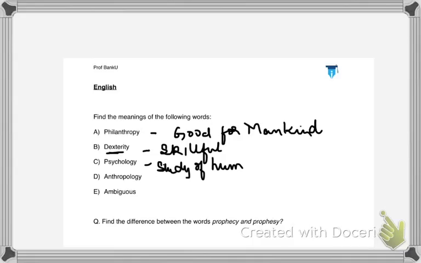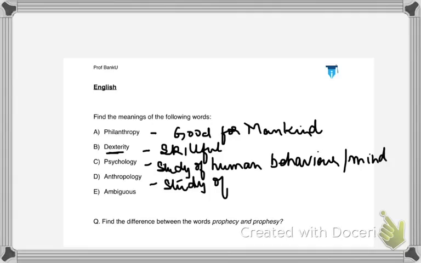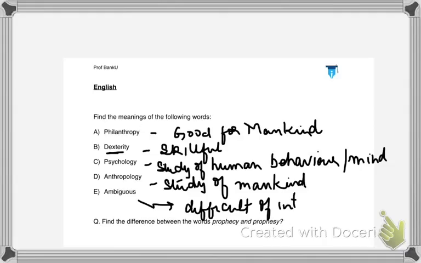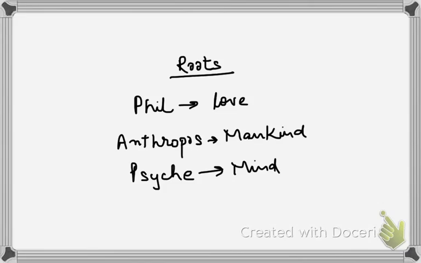Now psychology is an easy word, it means a study of human behavior or mind. The fourth word is anthropology, which is the study of mankind, and then there is ambiguous, which means a word that is difficult to interpret. Among these five words, there are three roots we can learn. First one is Phil.